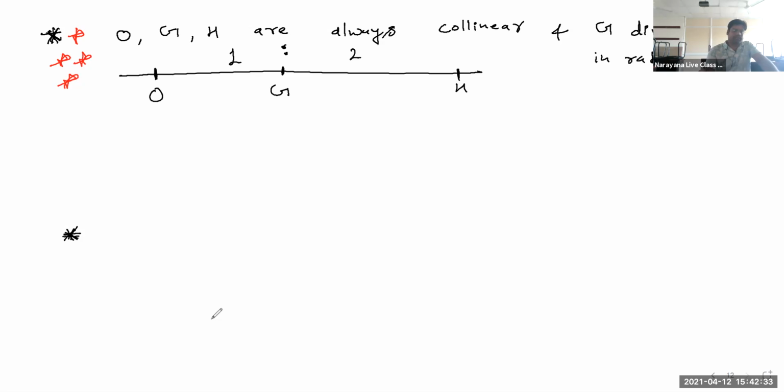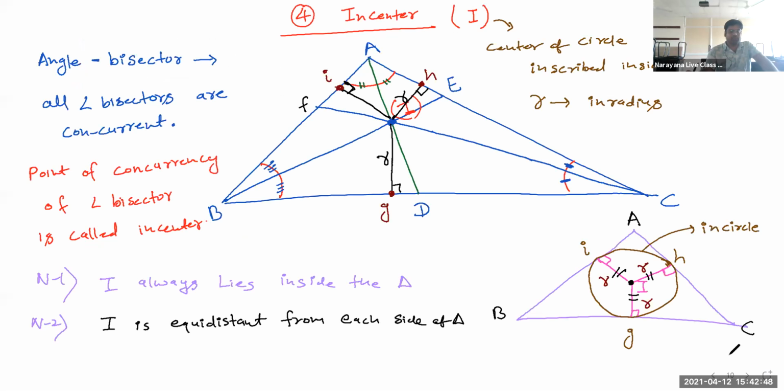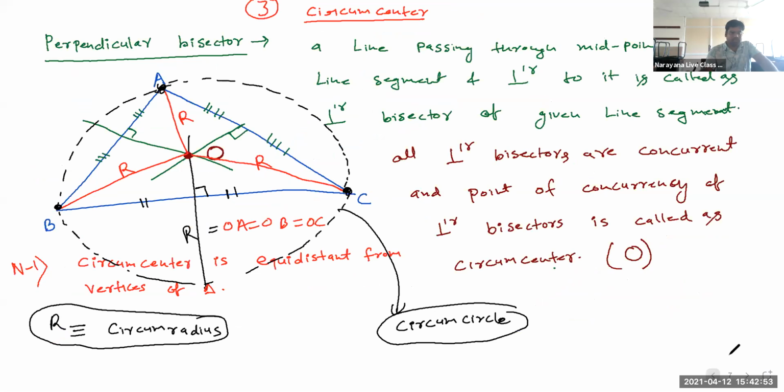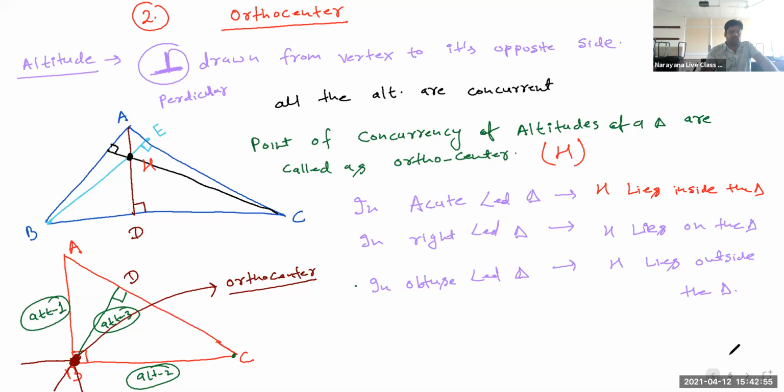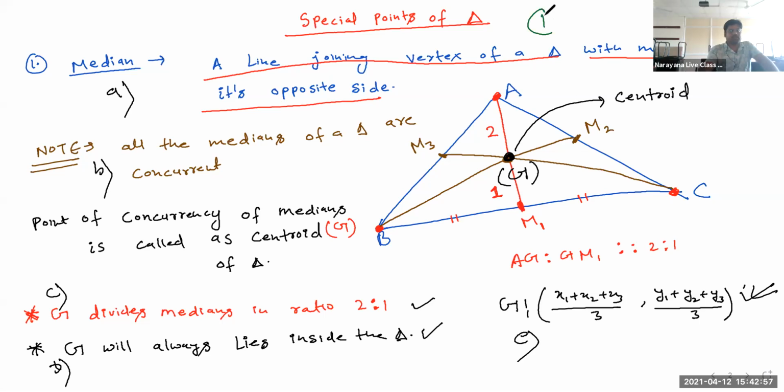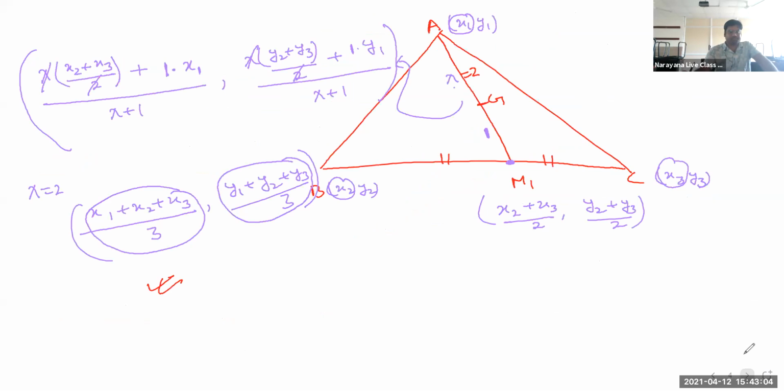Another point is a 2-star point: O, G, H, and I. We have studied four types of special points: one is the incenter, one is the circumcenter, one is the orthocenter, and one is the centroid.